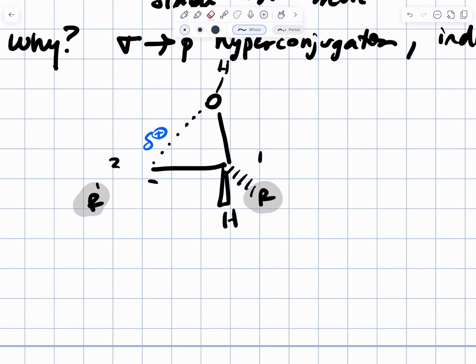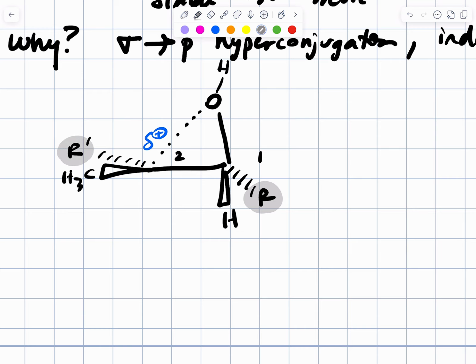As that bond is leaving, carbon 2 rehybridizes, flattens out, and becomes a little bit more trigonal planar, a little bit less sp3 hybridized. That opens up space for the nucleophile to come in and attack. So here's our MeO nucleophile.